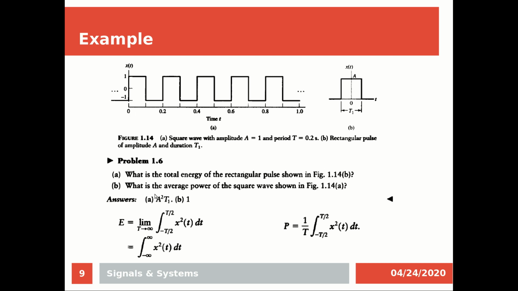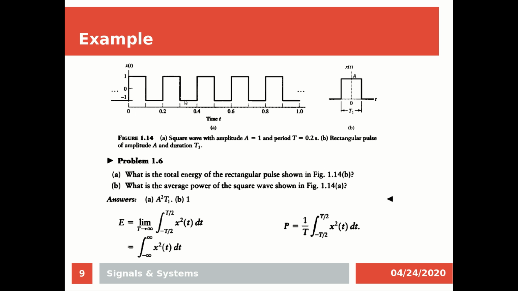Now, what is the average power of the signal here? As we see, this is a periodic signal. Every time we write this equation, we try to find which signal we will apply the equation to, and then we find the power. So what is x squared of t here? X squared of t here has a value of 1, from minus 1 to 1.